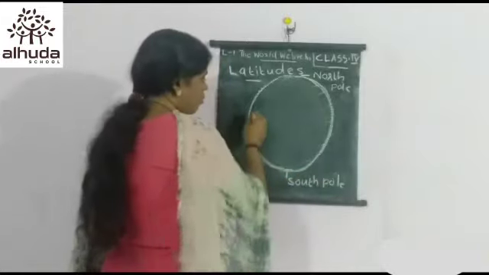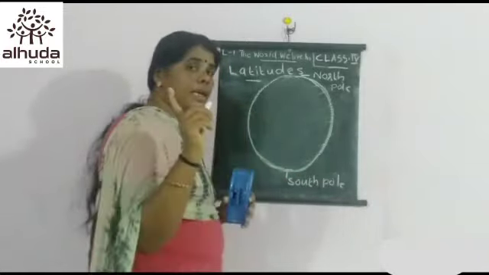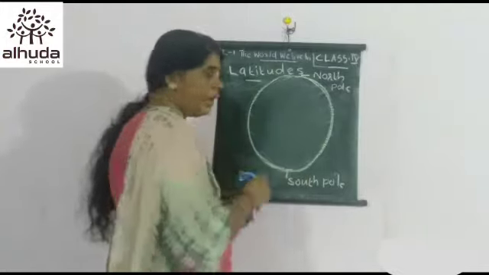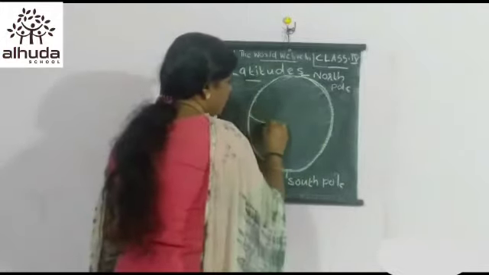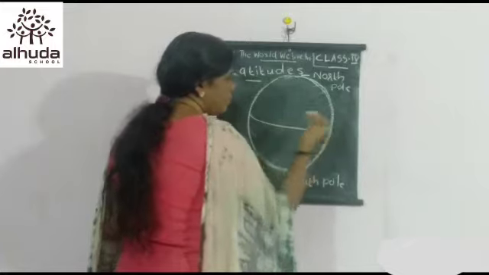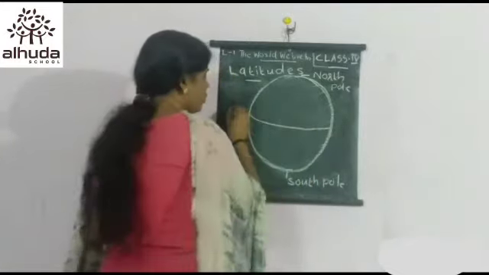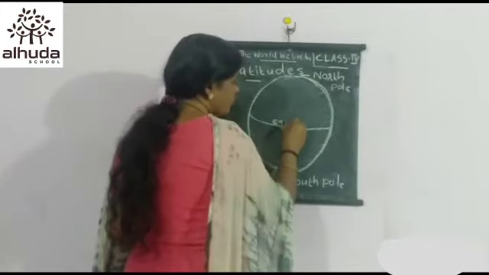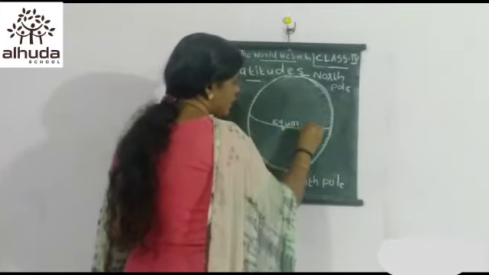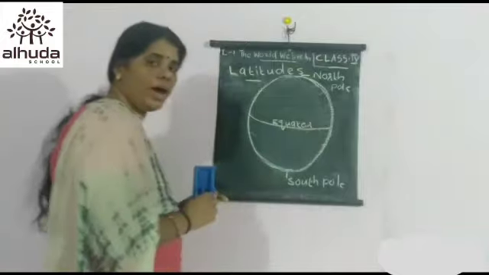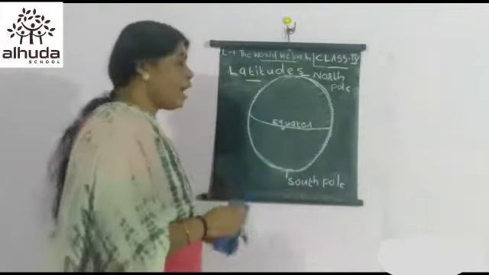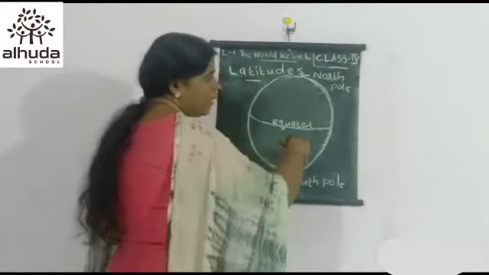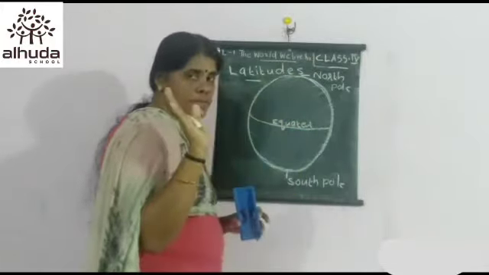And one imaginary line is drawn in the middle of the earth. That we call the equator, E-Q-U-A-T-O-R, equator.